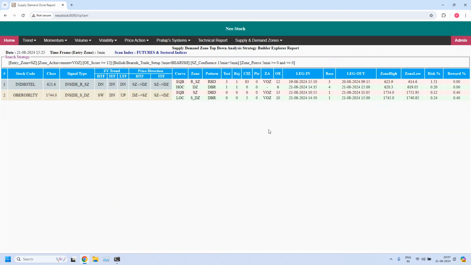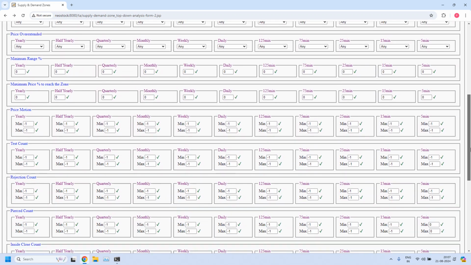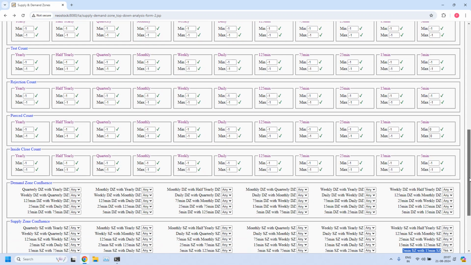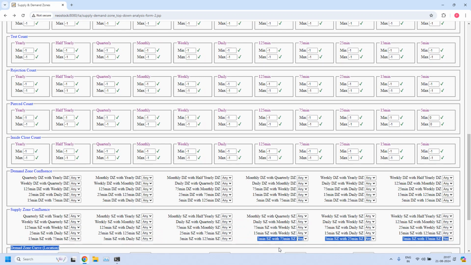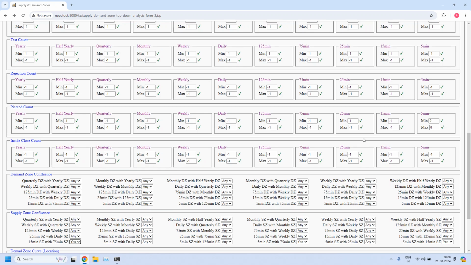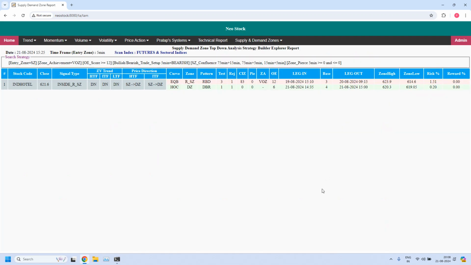Let's filter. Both the stocks are having confluence with 15 minutes time frame. Now let's verify whether they are having even HTF confluence. So 5 minutes with 75 minutes supply zone enabled, and also 15 minutes with 75 is enabled. Only one stock.